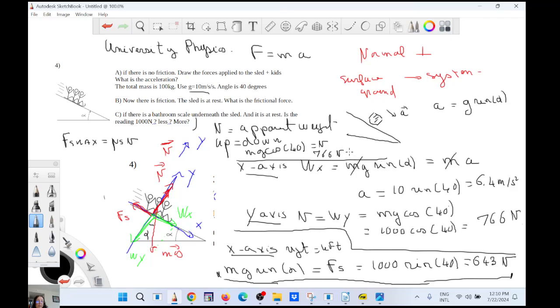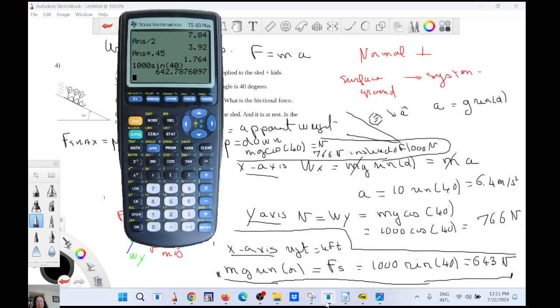So the bathroom scale is going to read 766 Newton instead of 1000 Newton. So the reading will be less. Your apparent weight will be less than your true weight, right? So it's like your mass will be 77 kilograms instead of 100 kilograms. So you weigh less.